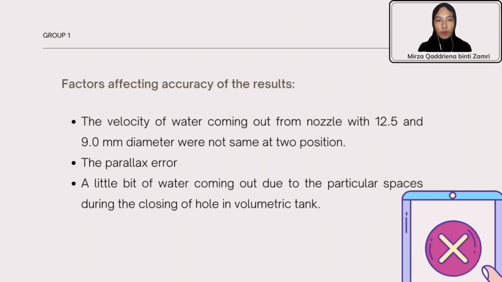Next, there was some error during the procedure that needs to stop water flowing out from the volumetric tank into the sump tank in the hydraulic bench. Sometimes a little bit of water came out due to the particular hole that gives a chance for the water to flow down. Lastly, the parallax error, where the observer's eye position was not parallel to the scale reading on the pitot tube.